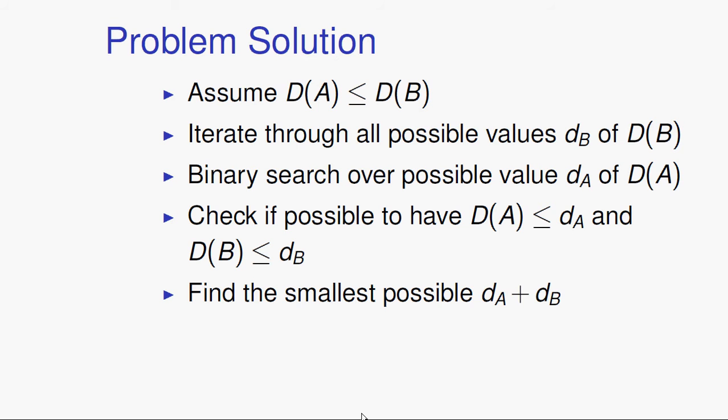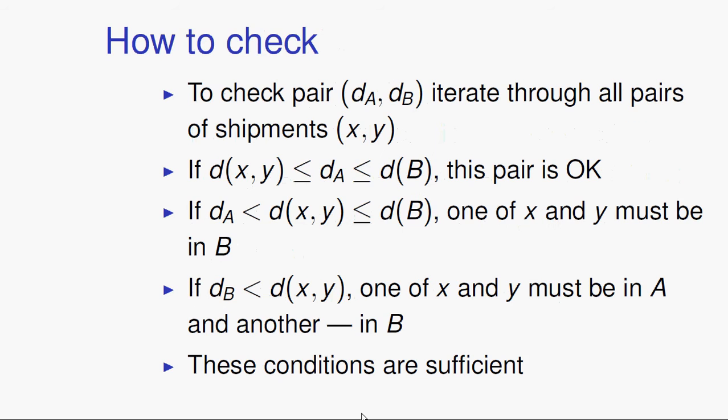So how to check whether this pair of dA and dB is possible or not? Basically, we should check whether for each pair of shipments X and Y it is possible to somehow distribute them into sets A and B. And that depends on the distance between X and Y. If the distance between X and Y is less than or equal to dA, then this pair is easy.